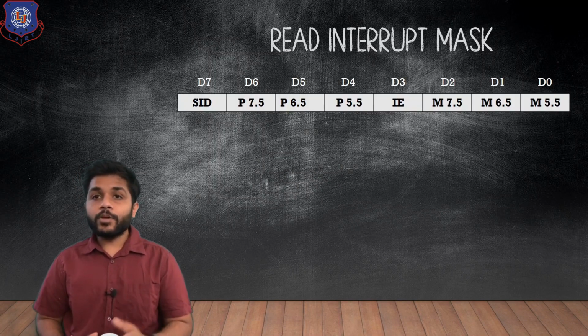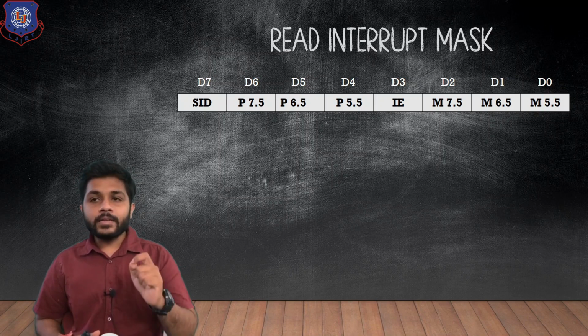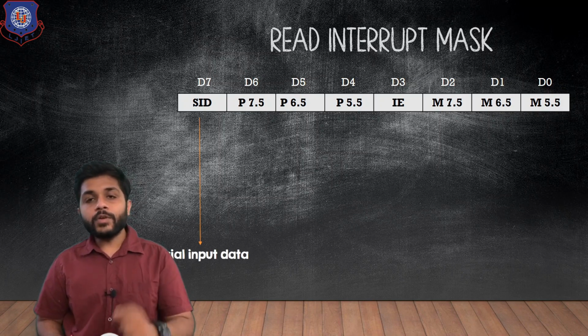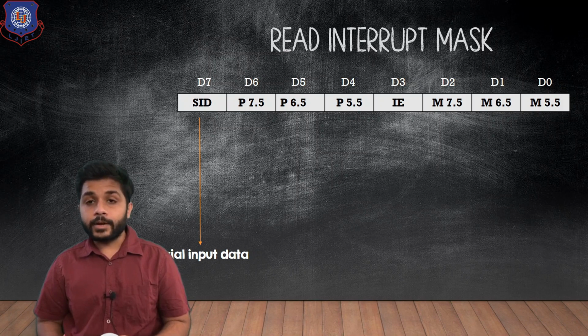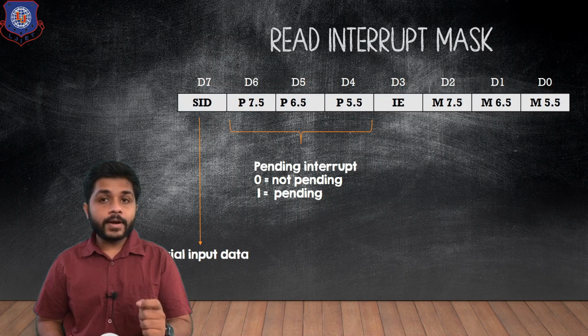Let's see the first instruction, that is read interrupt mask. This is the format of the RIM instruction. It is an 8-bit format and each bit represents something. The first bit, D7, means serial input data. The D4, D5 and D6 bits mean pending interrupt.